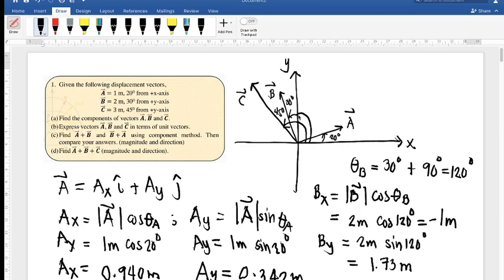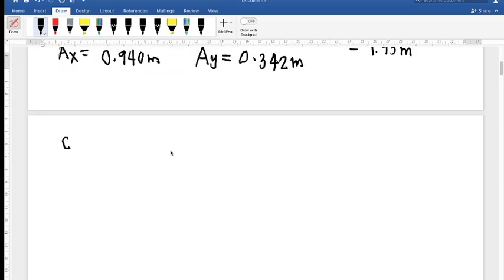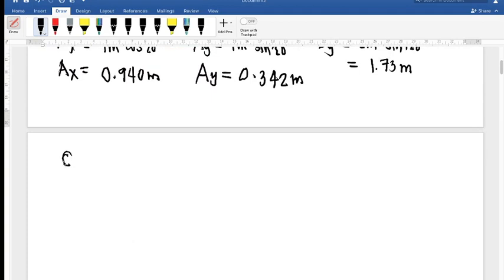So here, ilan yung missing sa 45 degrees na yon para maging conventional? That is still 90 degrees. Therefore, your theta C is 45 degrees plus the 90 degrees. So how much is that? That is 135 degrees.